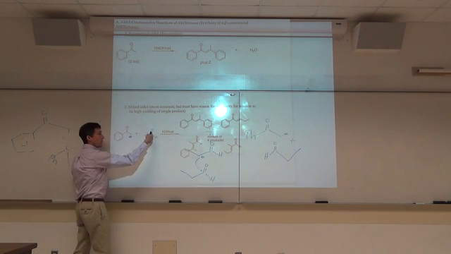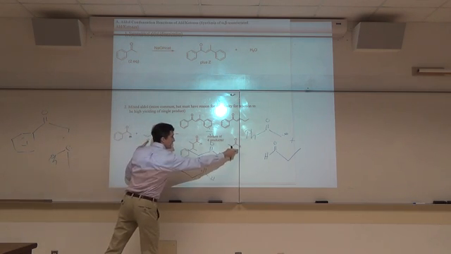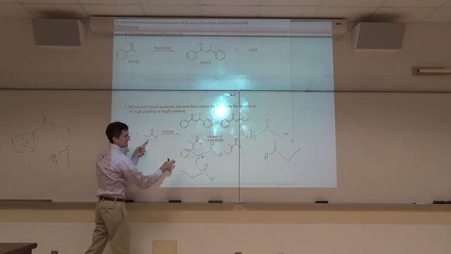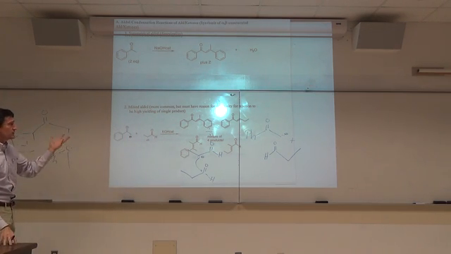What over here? What if this enolate formed and reacted with itself? Which one would you get? Right. That one. What if this enolate reacted with this carbonyl? You get that one. Now which one's going to be favored?